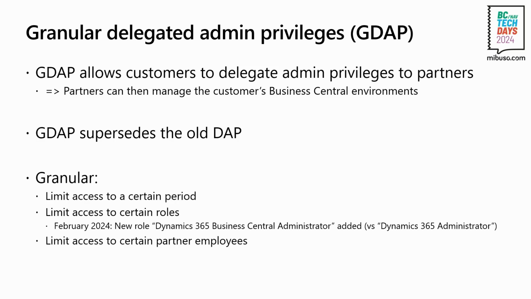But on your side, you maybe have an interest in not over-granting permissions to all your employees. So with GDAP, you are able to say, for this customer, for me, only 2 of your employees should be able to manage that. You weren't able to do that before. So now you're able to limit which employees manage which customers, and those employees manage some other customers.